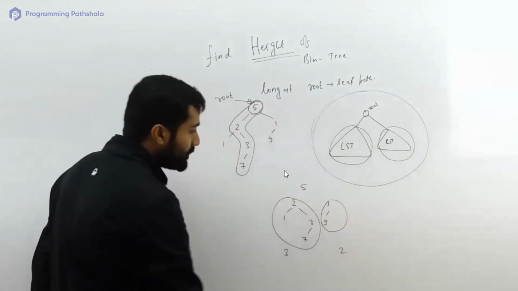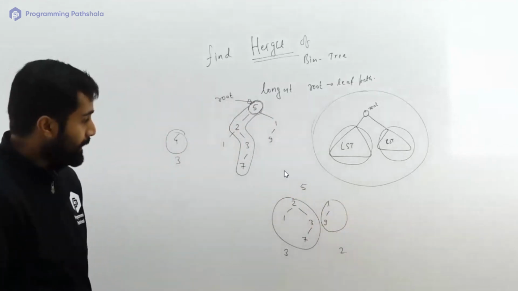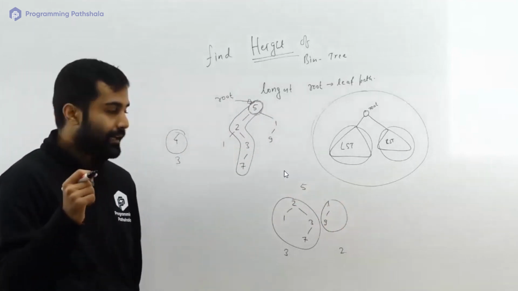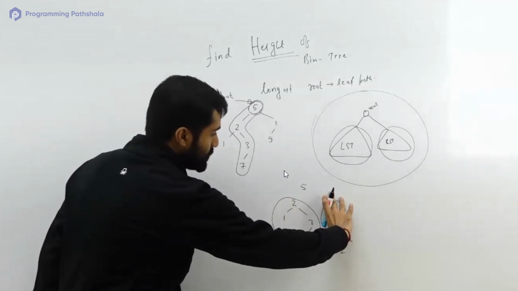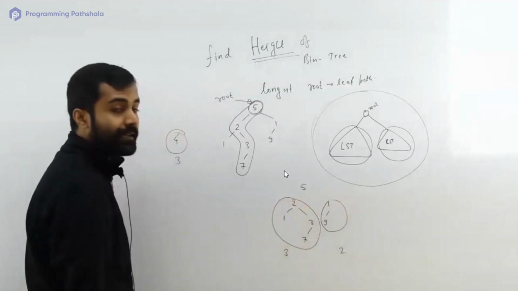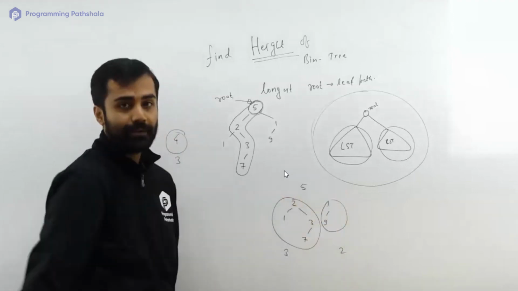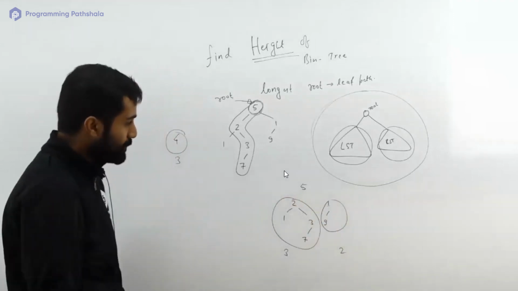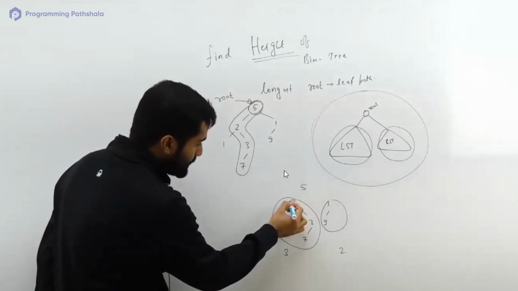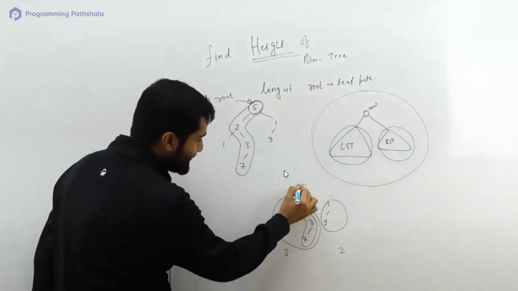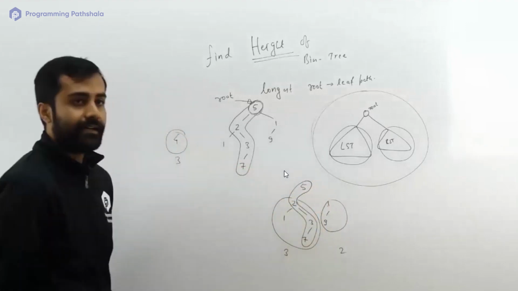It has a height of 2 units, correct? Now I would say that instead of taking a path in this right subtree, I would want to take a path in the left subtree. Why? Because the height of this is more than the height of that, correct? So along this, if I further include that, then my job will be done.